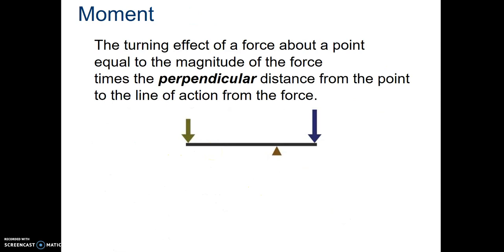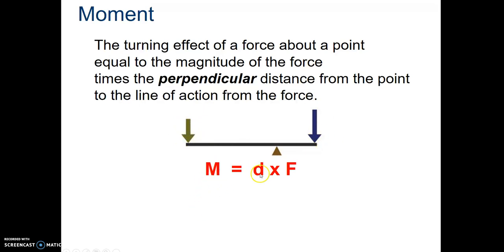So when we're looking at levers, we're going to break it down. We're going to look at the moments that happen at each one of those individual forces. Moments are going to be used both first quarter and second quarter as we're trying to solve problems. We've got a perpendicular distance to that force, and that calculates a moment. There's a moment here, a moment here.